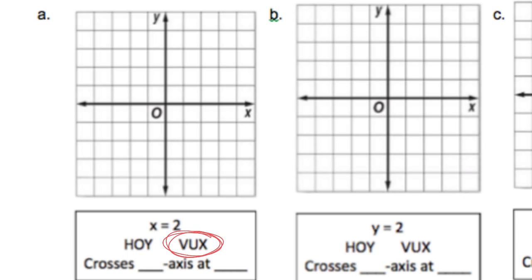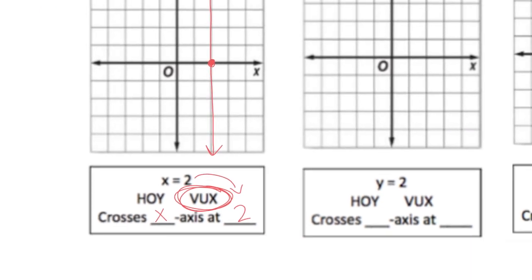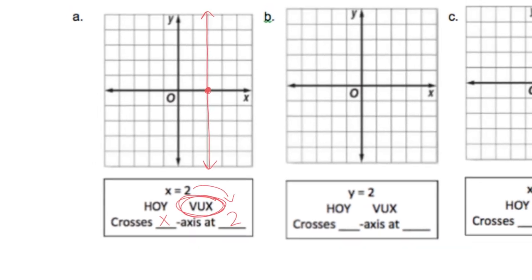So I am going to go on the x-axis at this number 2, and I am going to make a vertical line straight up and down. Since we know that it is a vertical line, VUX, we can also say that our slope is undefined of that graph. That's what the U in VUX stands for.